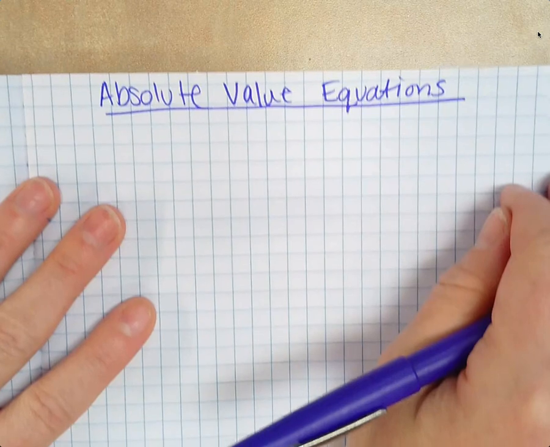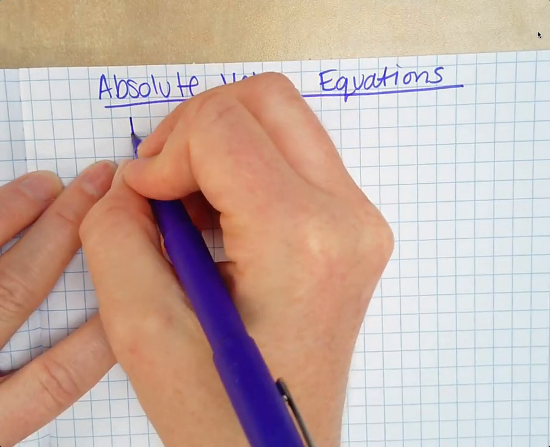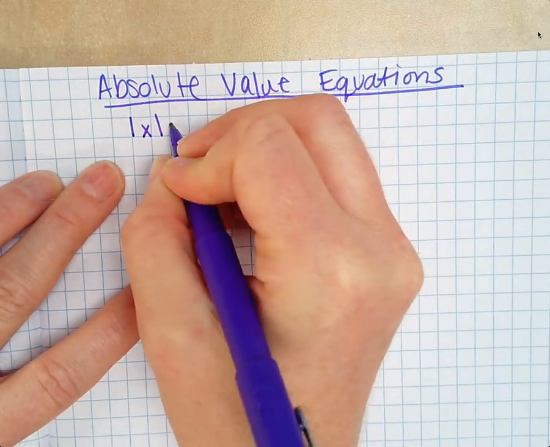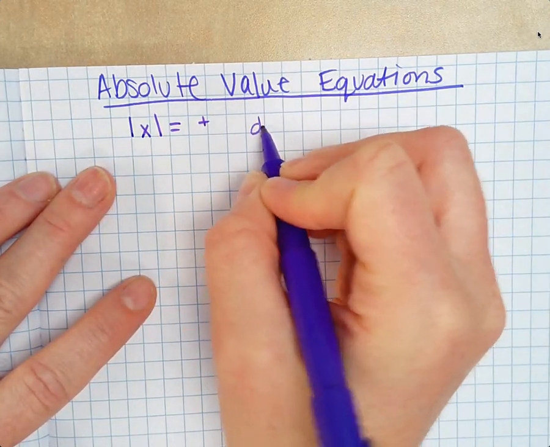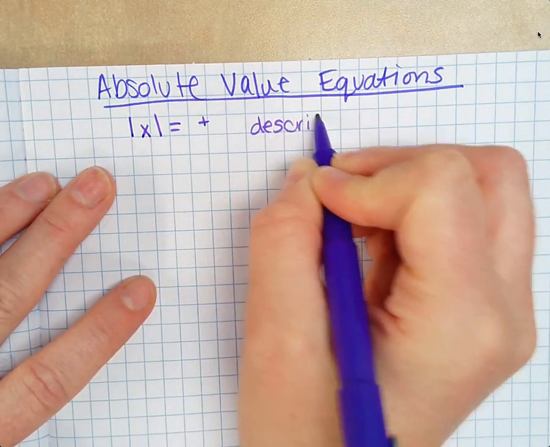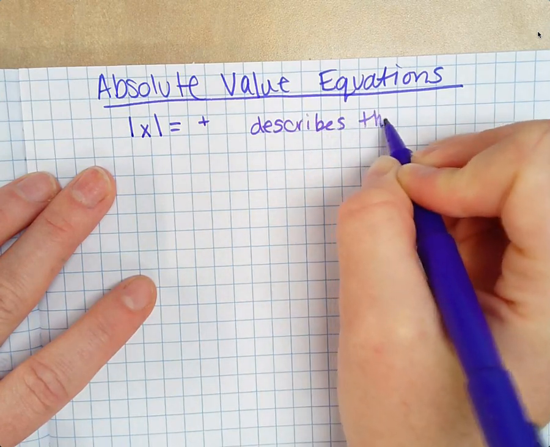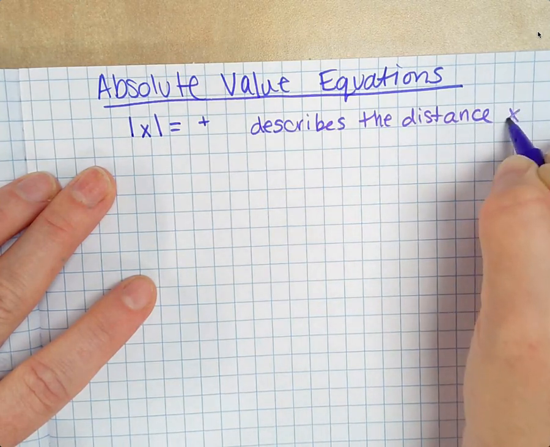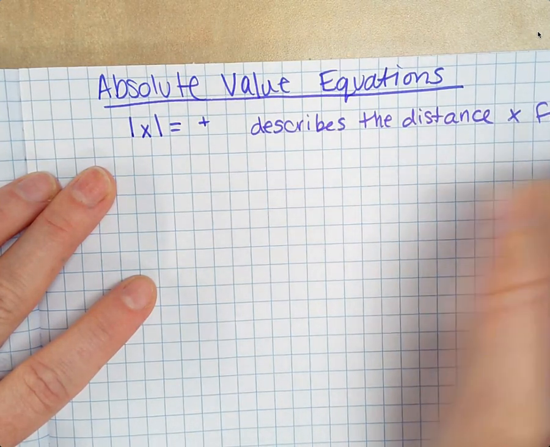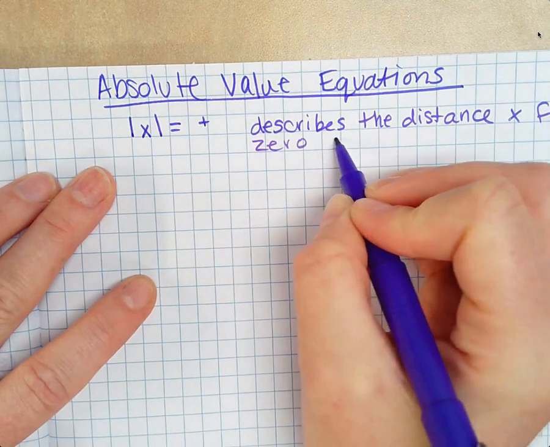So remember with absolute value equations, anytime you have an absolute value of anything, it's always positive. It describes the distance of x from 0 on a number line.